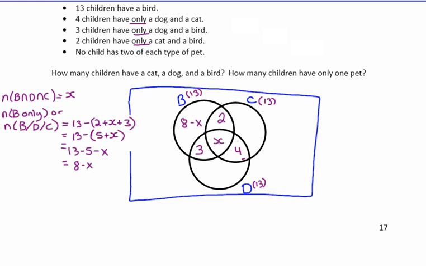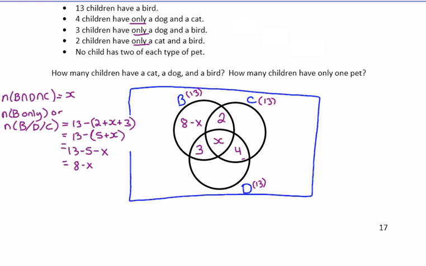We have to distribute in the negative. So if we think of it this way, 3 plus 2 is 5, right? So out of 13, we've already taken 5 away. So this is going to be 8 minus this x. So if we add these all together, this should be equal to 13. Okay, so that's that portion.